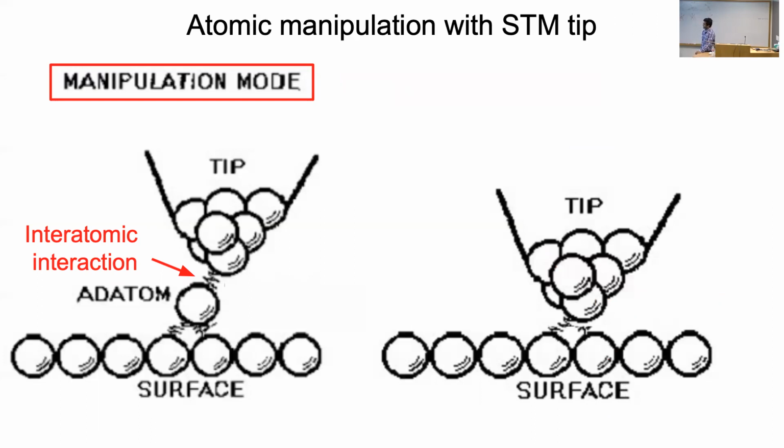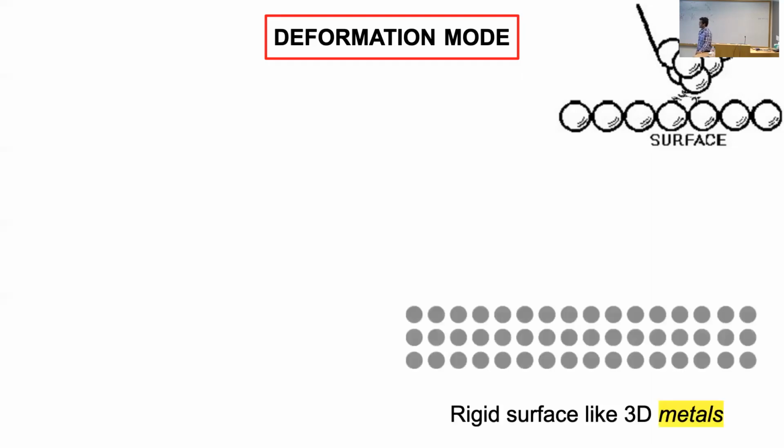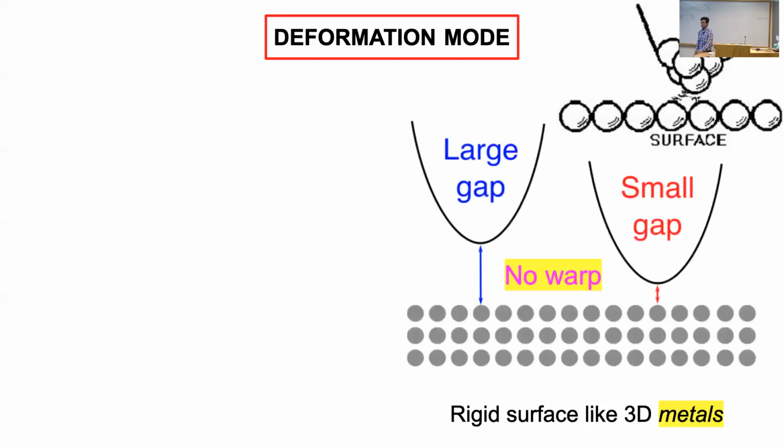In this scenario, there is interatomic interaction again between the tip and the surface, but will this interaction be strong enough to deform these kinds of surfaces? That would depend on the type of the surface. For example, if I bring the tip closer to a rigid bulk metal, then there would be no warping.